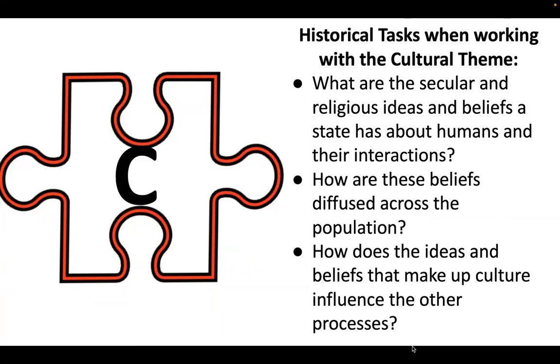Now, we also look at how the ideas and beliefs that make up culture influence the other processes. So, for example, one of our ideas is freedoms. So, when we look at the economic process or theme, remember, theme and process is interchangeable.